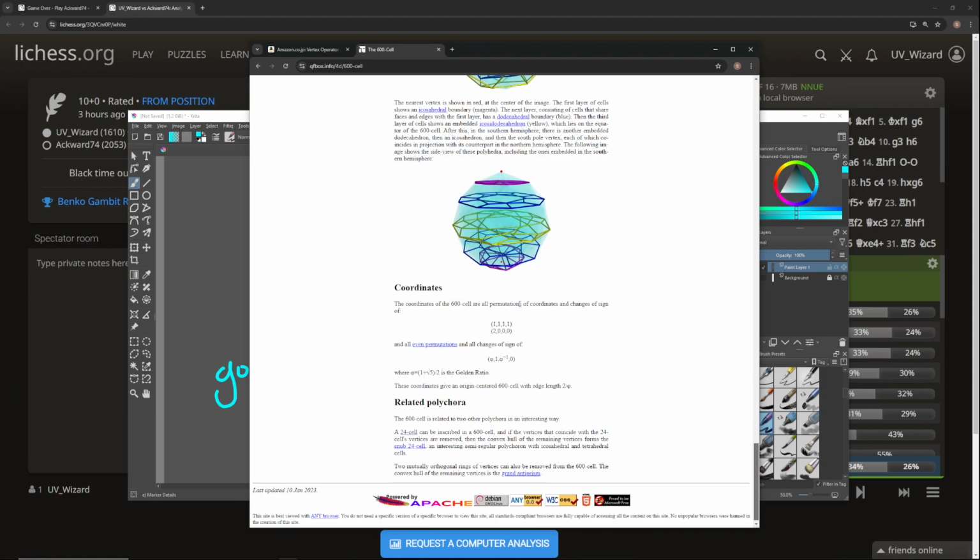Coordinates of the 600 cell are all permutations of coordinates and changes of sign of the point (1,1,1,1), (2,0,0,0). This might be similar to constructing a 24 cell. That looks very similar to a 24 cell, but maybe it's different. And all even permutations and all changes of sign of (phi, 1, 1/phi, 0).